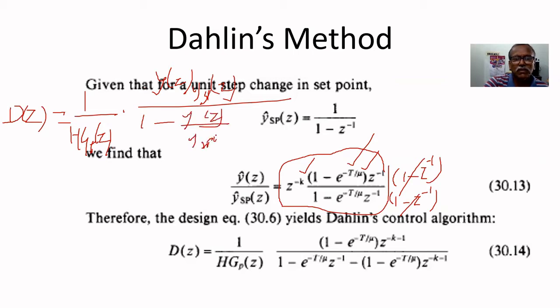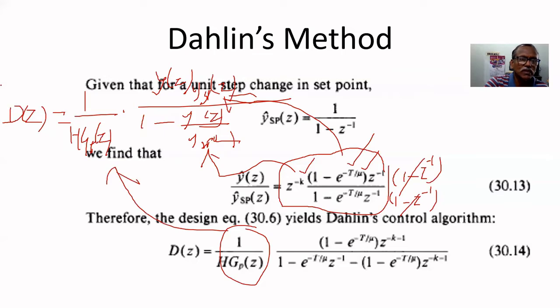So if you write like this, you can substitute here and here. If you substitute this and HGP of z also, you will get d of z.